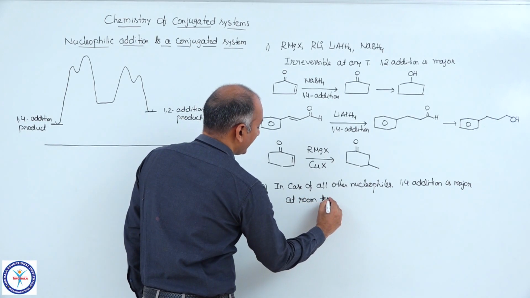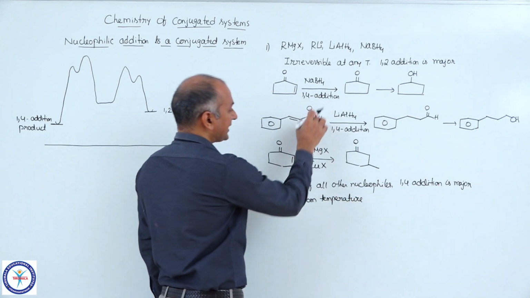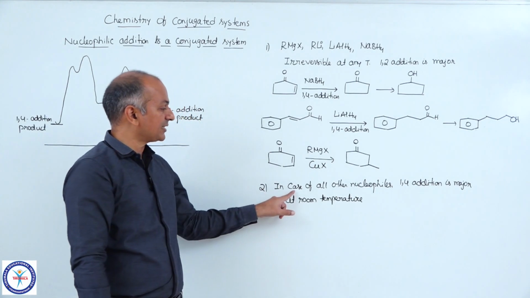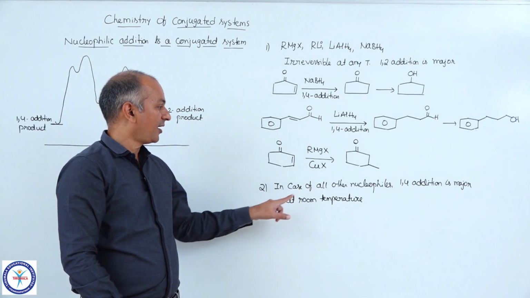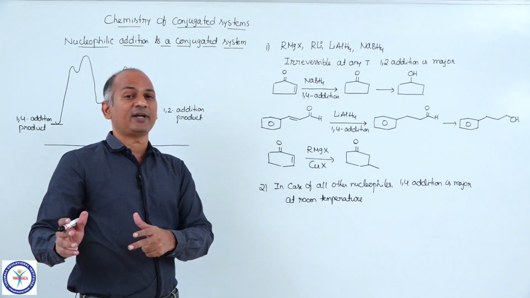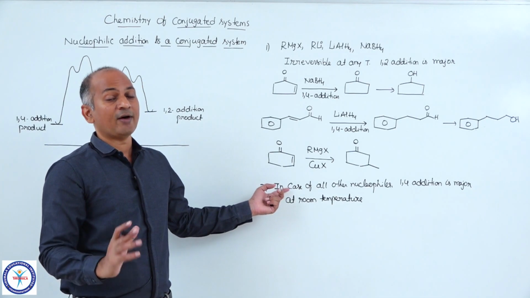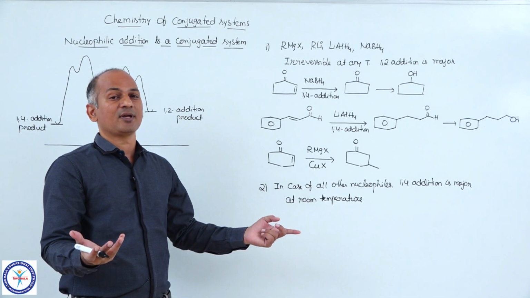And in the first point, 1,2 is major at any temperature with these three exceptions. And in the second point, in the case of all other nucleophiles, it is 1,4 addition at room temperature. But if you decrease the temperature, -10, -20, then the addition may be 1,2. The 1,2 addition may become the major product.